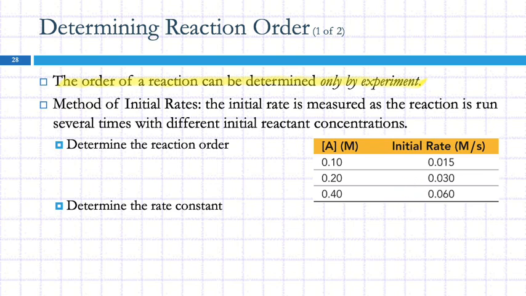So we can look at what's happening here and figure out what the reaction order is. So going from here to here is times 2. And how is the rate changing? It's also times 2. When we double it again, what happens to the rate? Also times 2. So what's the reaction order? First order. Yeah, so this is first order.